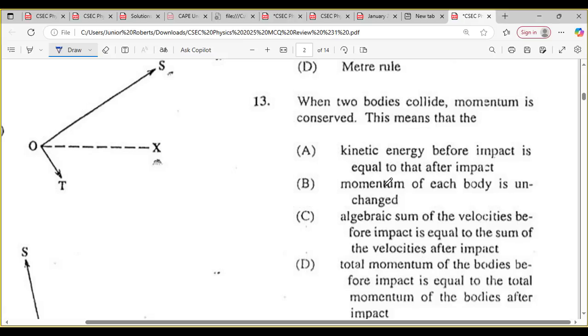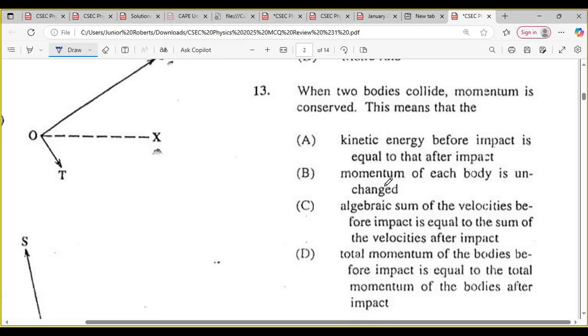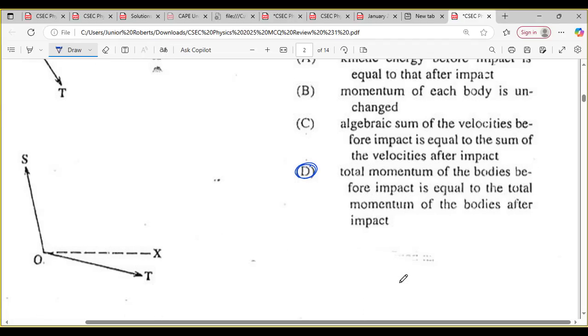When momentum is conserved, we simply say that the total momentum before collision is equal to the total momentum after collision. So from our list, the best option would be D, which says total momentum of the bodies before impact is equal to the total momentum of the bodies after impact. So we're going to go with D for number 13. And then we continue.